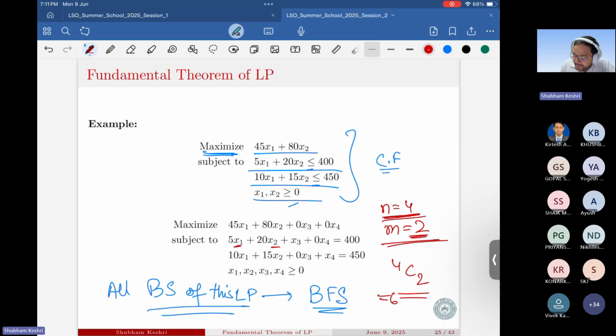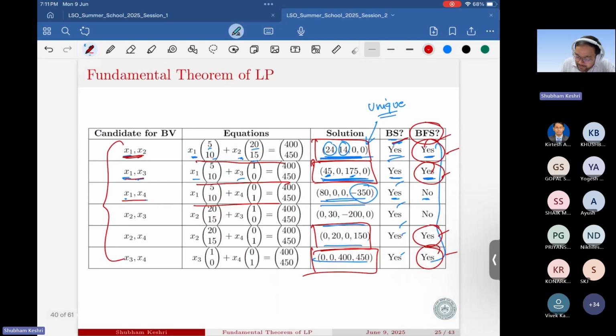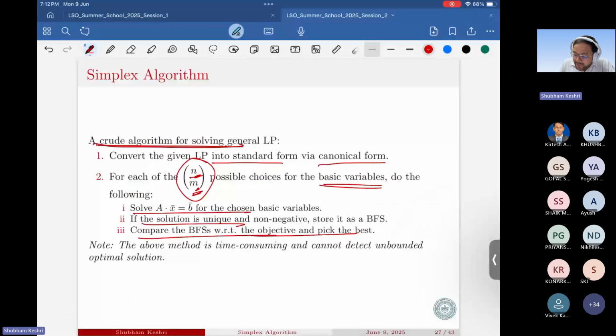You are first saying x1 and x2 are basic variables. Then you are saying x1 and x3 are basic variables. So you can make n choose m possible choices of basic variables. Solve these equations, you will get basic solutions. Then you identify basic feasible solutions and then compare the objective function values. In doing so, you will get one basic feasible solution which has the highest objective function value.